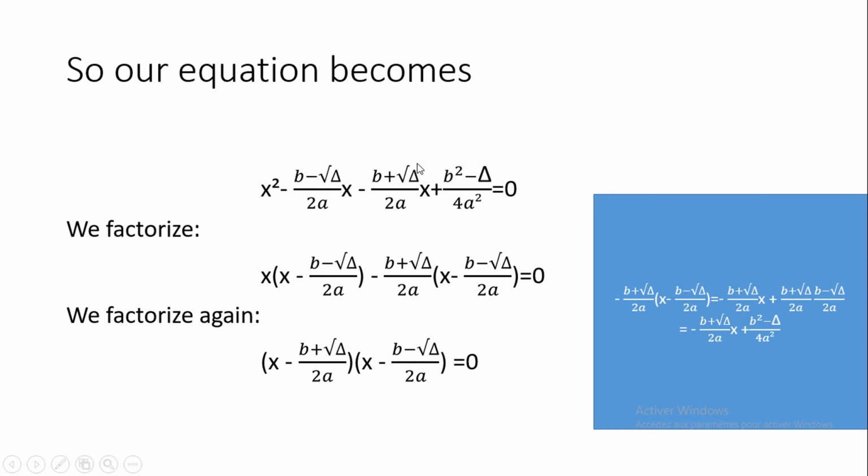And we factorize here in these two terms by minus b plus the square root of delta over 2a. If we factorize by this term, we're going to get x here, and we're going to get minus b minus the square root of delta over 2a here.